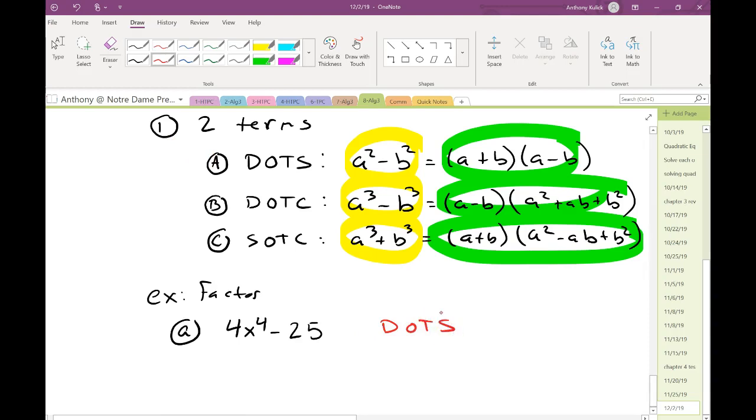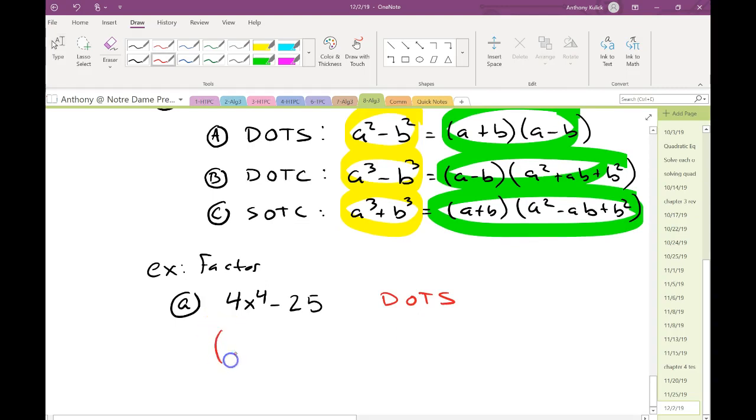Now you might look at that and go, but the first thing has an x to the fourth in it. How is that a square? Right? Everybody probably thinking that? Well, how can I write 4x to the fourth as something squared? Well, 4 is 2 squared, right? X to the fourth is x squared squared.